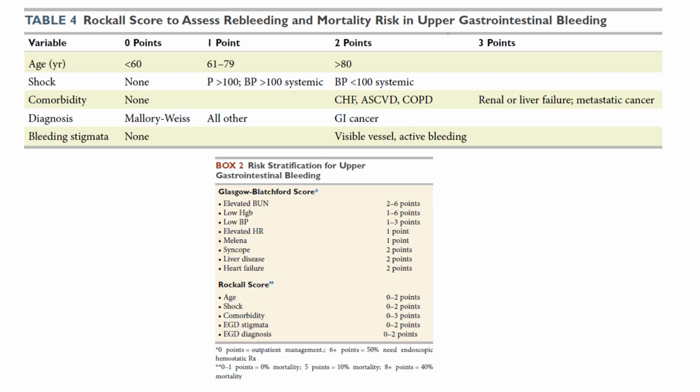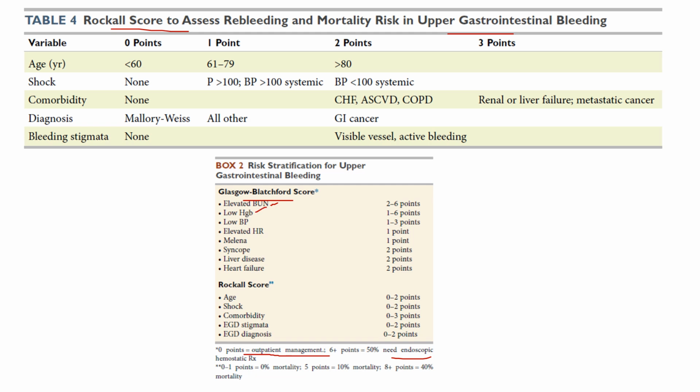Now, upper GI bleeding, there are two scores. One is the Rockall score and another one is the Glasgow-Blatchford score. The Glasgow-Blatchford score is to identify if the patient can be managed as an outpatient or needs endoscopic treatment. That is mainly by elevated BUN, blood urea nitrogen, which means they are severely dehydrated, there has been severe bleeding.